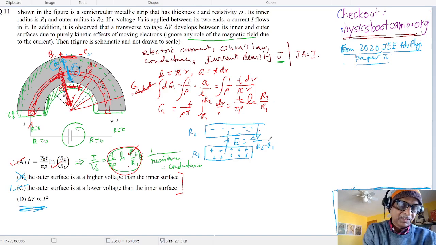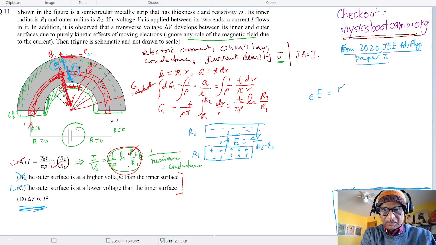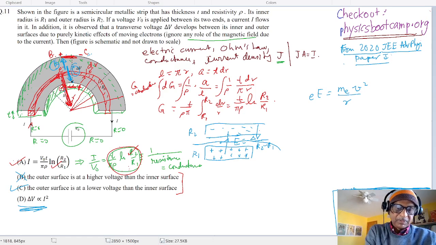The force on a charge in the middle is the charge times the electric field, and it's going to be the mass of the electron times v squared over r.